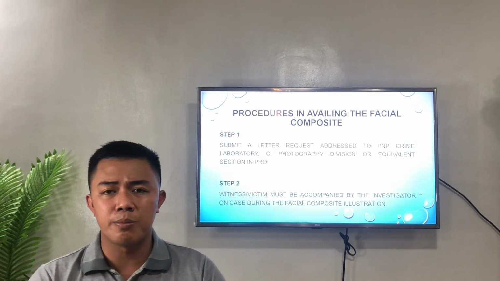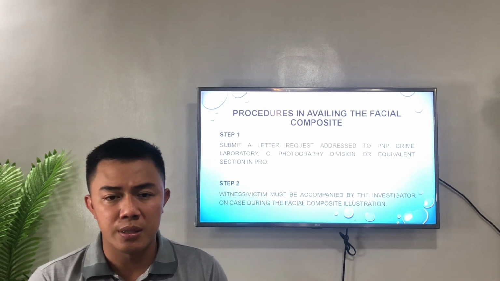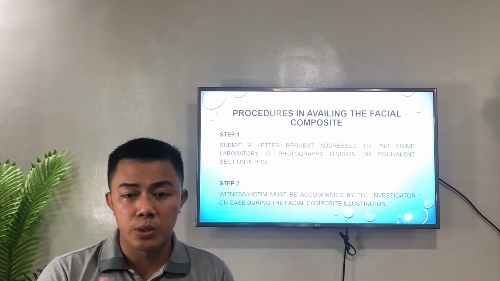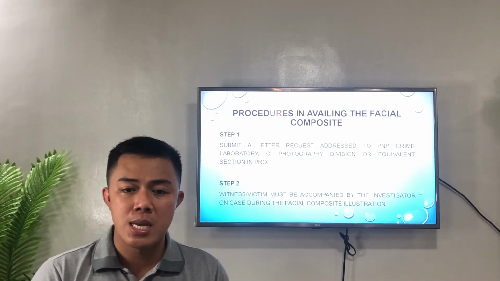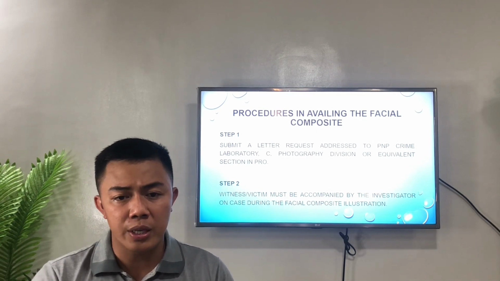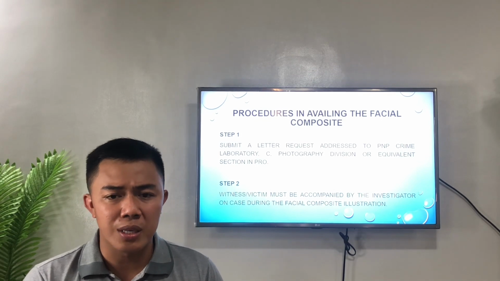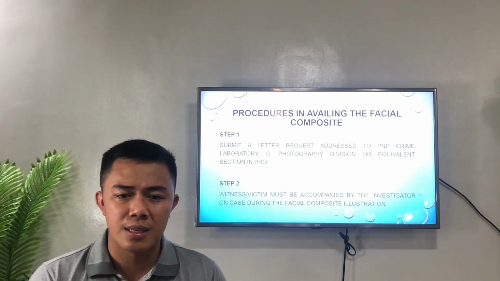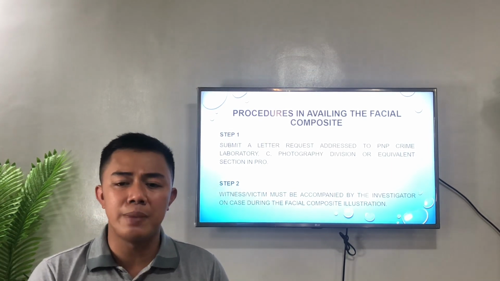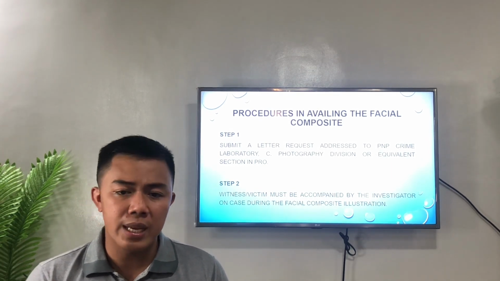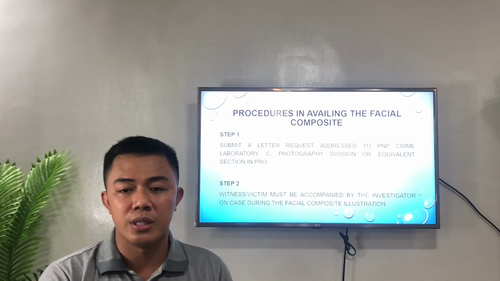So here are the procedures in availing the facial composite. First, we need to submit a letter request addressed to the PNP Crime Laboratory, Chief Photography Division, or equivalent section in our different police regional offices. Second, witnesses or victims must be accompanied by the investigator on case during the facial composite illustration.